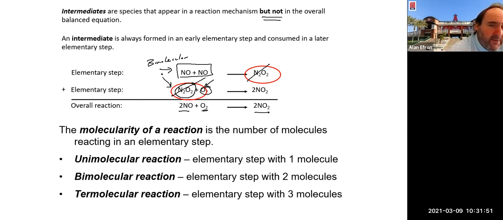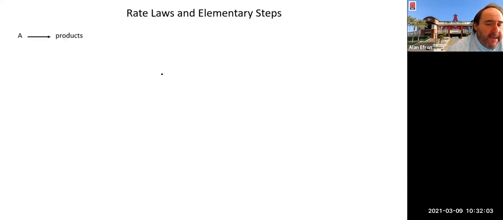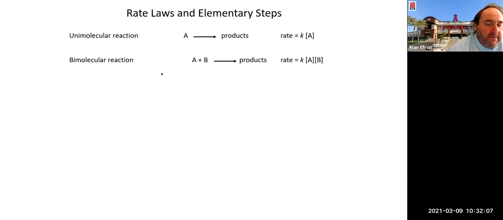Now, one important thing when we look at mechanisms and rate laws is that for each elementary step, we could write a rate law. And we could write a rate law a little bit different than how we normally get to the rate law.